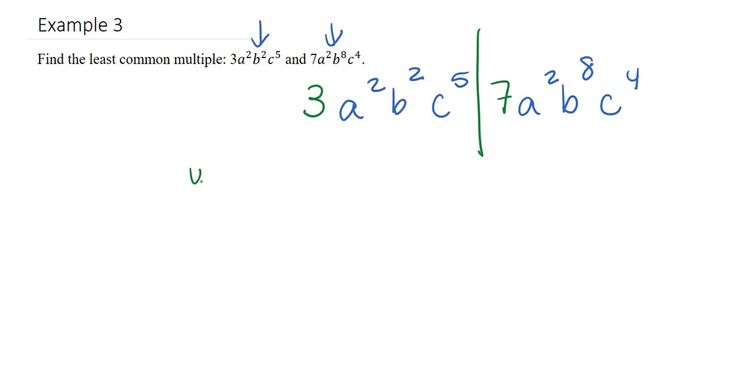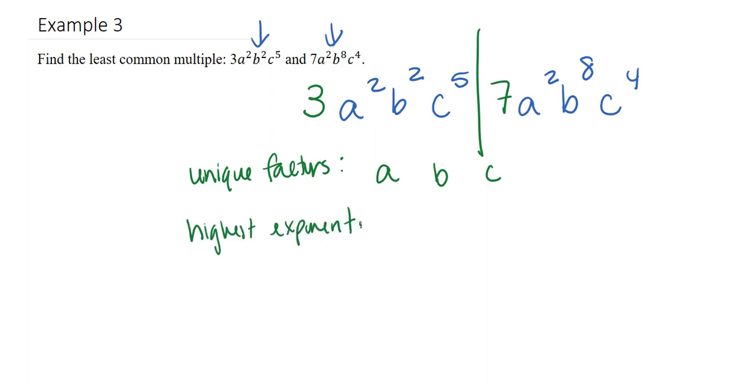Let's find the unique factors. If we look, we have just a, b, and c. And what's the highest exponent that we'll take of those? Well, if we look at a, notice that both are a squared. So we're just going to take a squared.